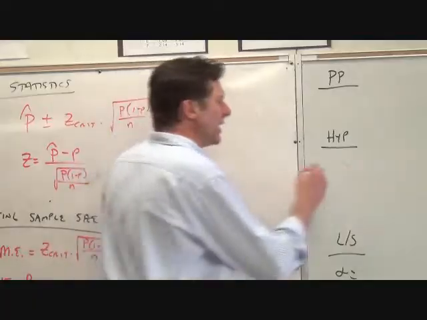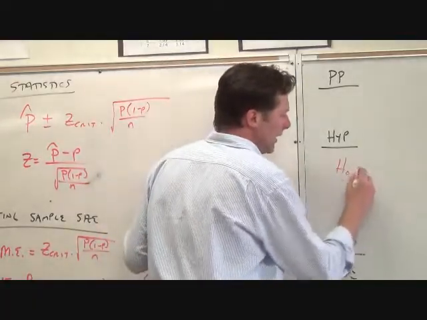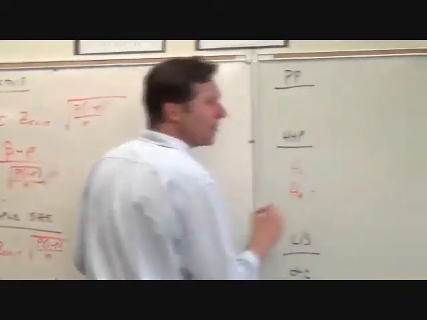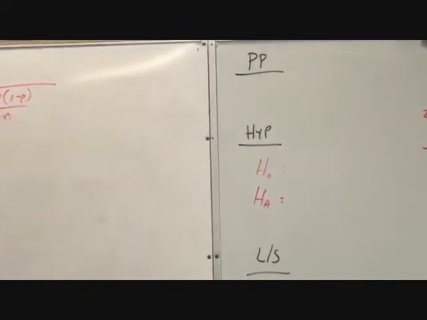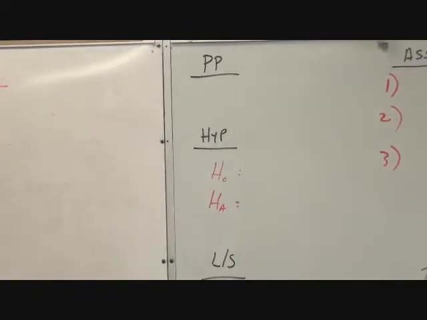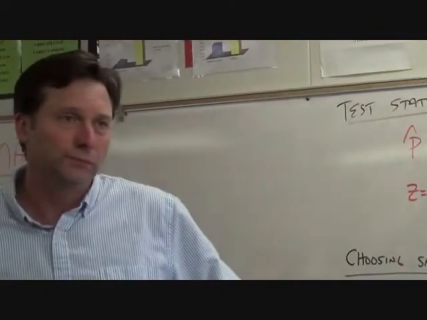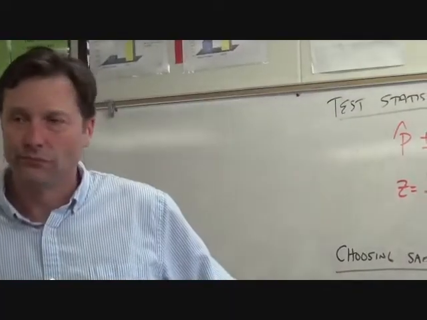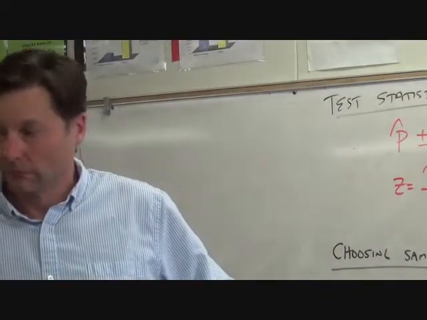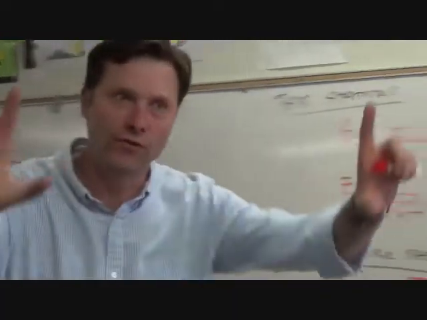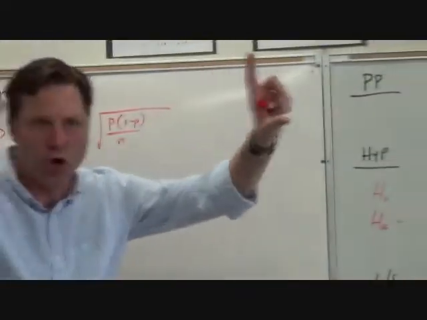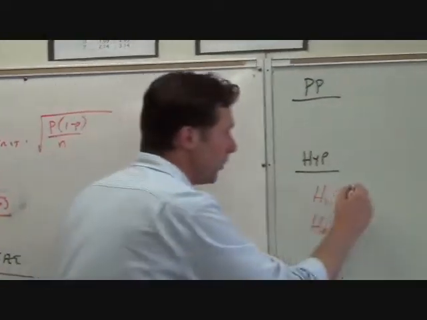All right, how would you set up your null and alternate hypothesis here now? Now remember what I said. I want to see if there's evidence that he's going to earn more than half the vote. How would you set this up? P, first of all, good, right? No more mu's. We want to know the proportion.